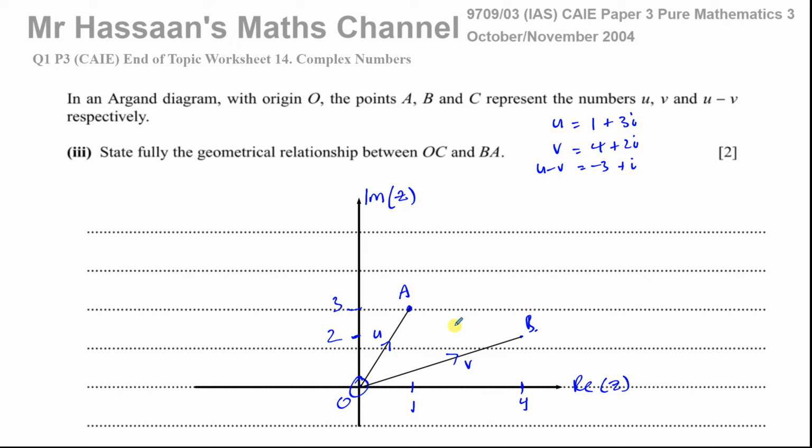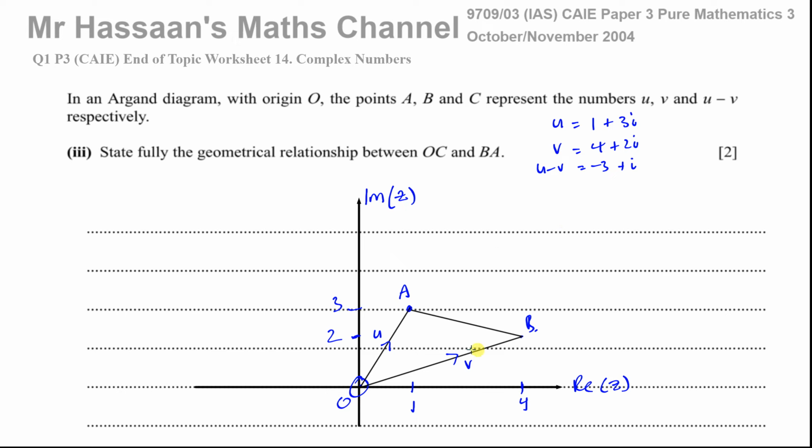Now u minus v is minus 3 plus i. One way of making this a bit accurate is that u minus v is the same as minus v plus u. So it's basically the same as going from B to A here. That's like u minus v.